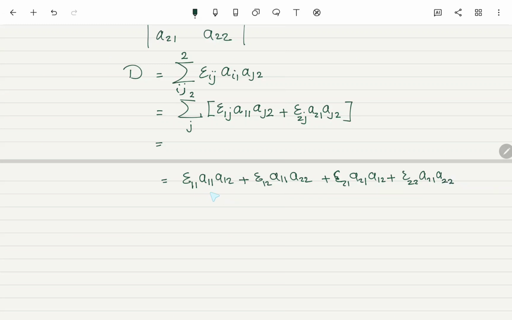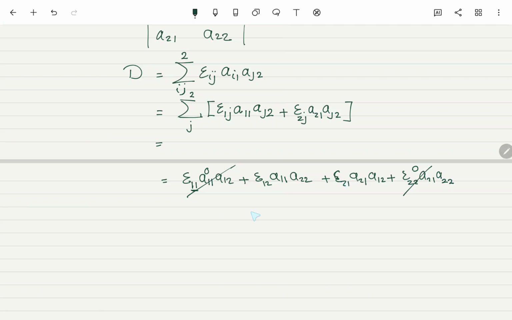Now this first one, because of the repeated index, will be 0, and because of the repeated index 2, this last one will be 0 as well. In this one, 1, 2 is positive, and this one, 2, 1, is negative.